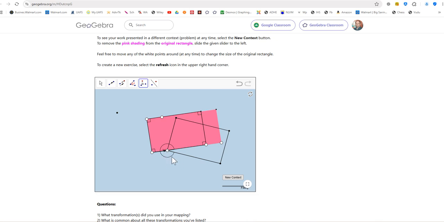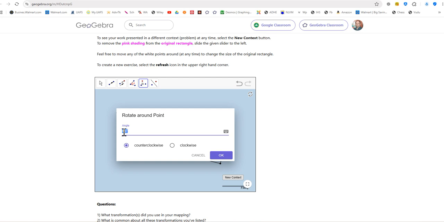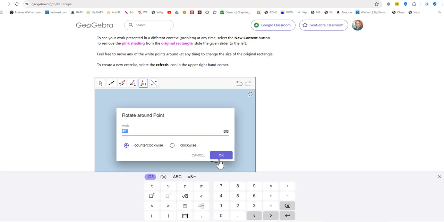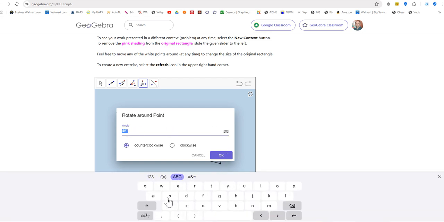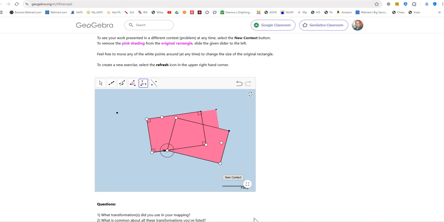This is angle epsilon. Rotate this about this point by the angle epsilon. And sure enough, that landed where it's supposed to be.